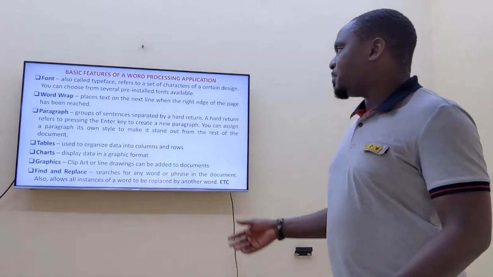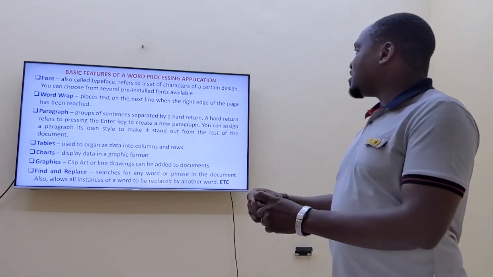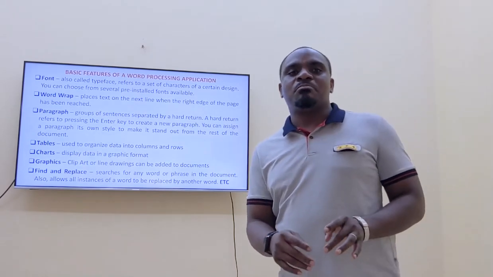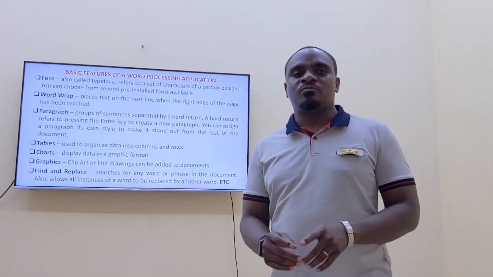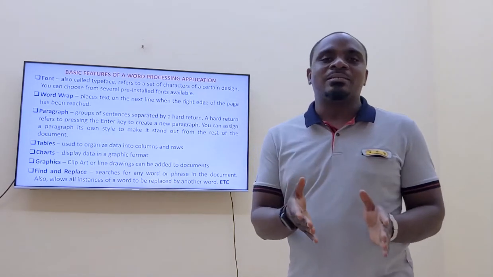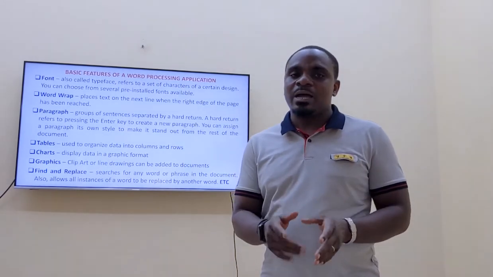Then we have word wrap. Word wrap places text on the next line when the right edge of the page has been reached. An example of a word wrap is the Notepad in your computer. Every Windows system has a Notepad.